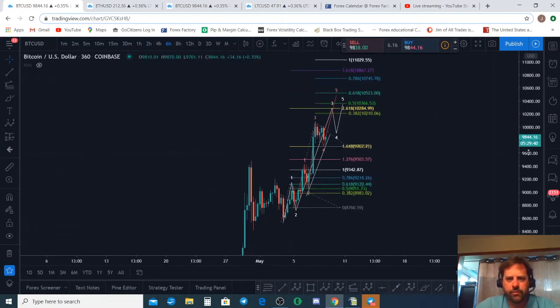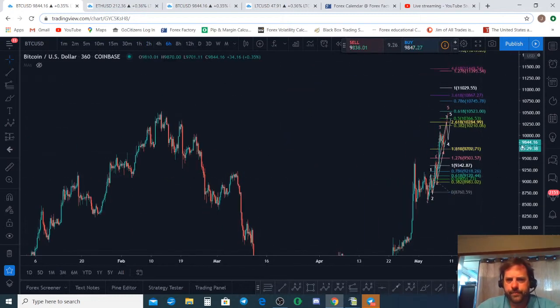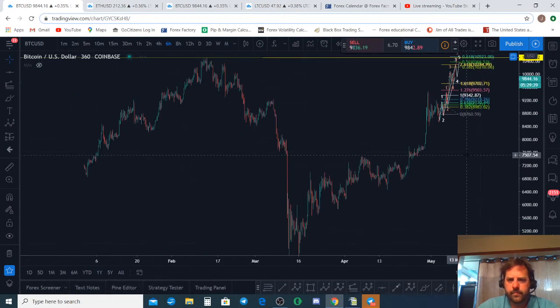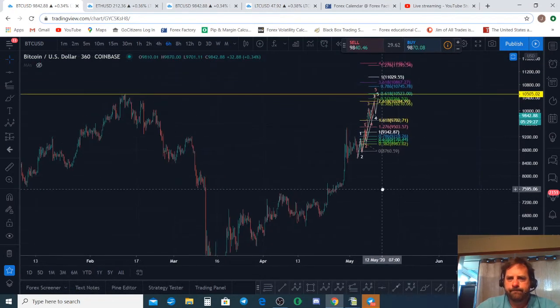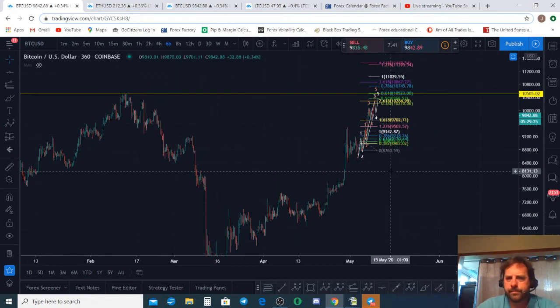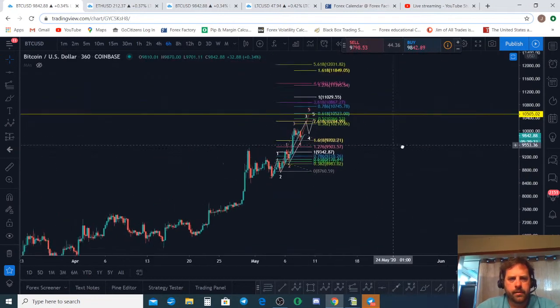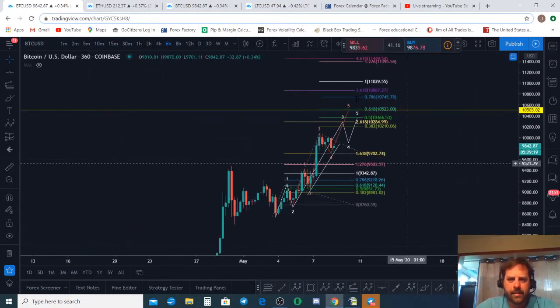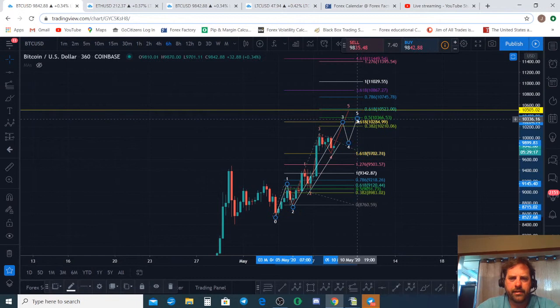What structure would support such a thing? It's up there. Okay, so if that counts right, guys, there's your bull count right there. That's your bull count.